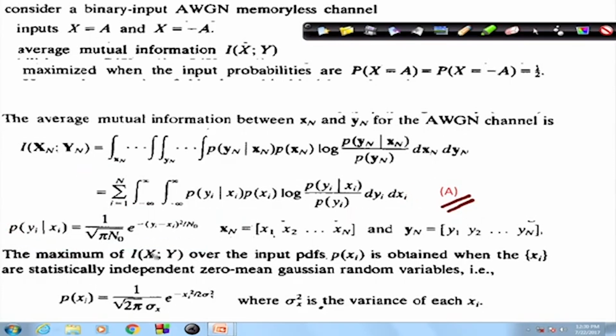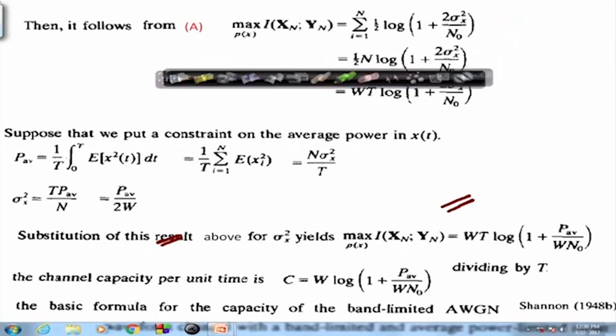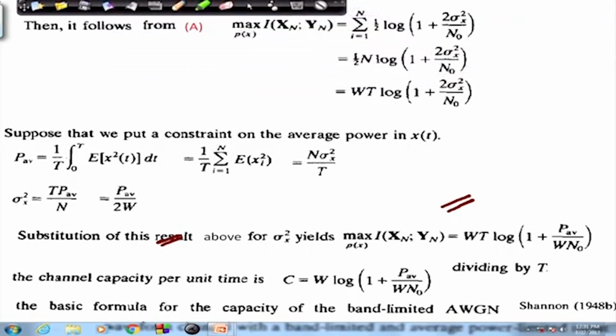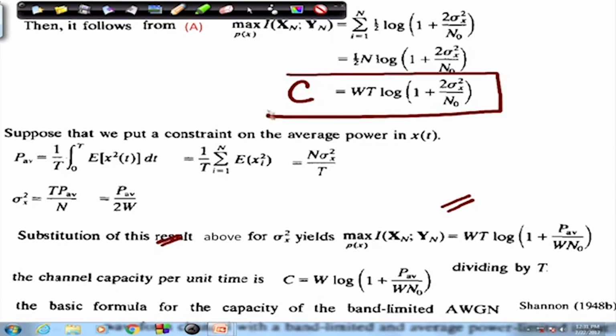When you solve this expression using these conditional probabilities, finally you would work out the channel capacity C, denoted by W, which is the bandwidth of the channel, T, which is the symbol duration, log base 2 of 1 plus 2 times sigma x squared, the variance of the transmitter, over n naught.